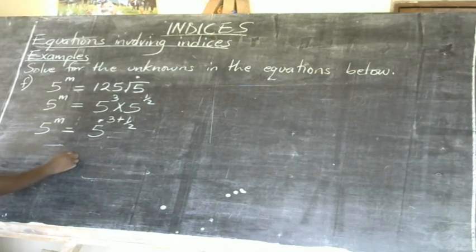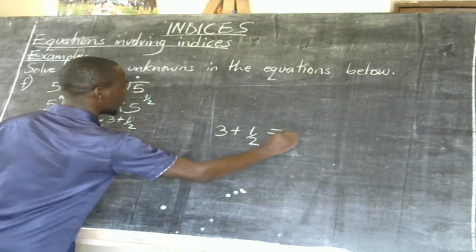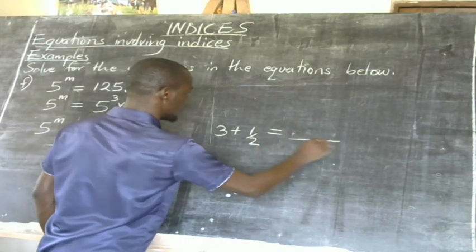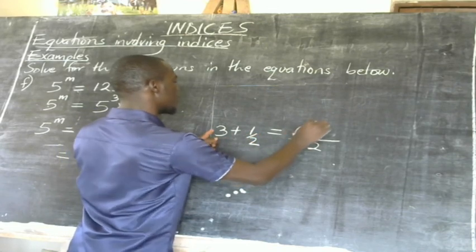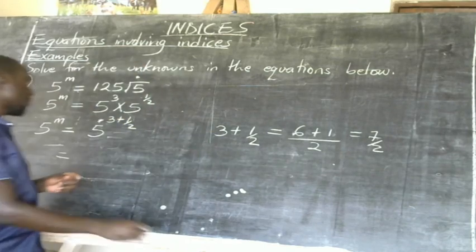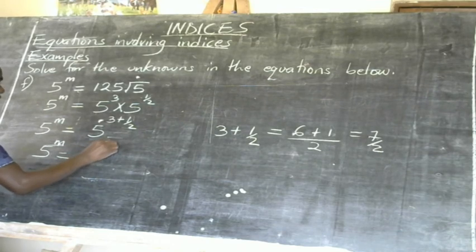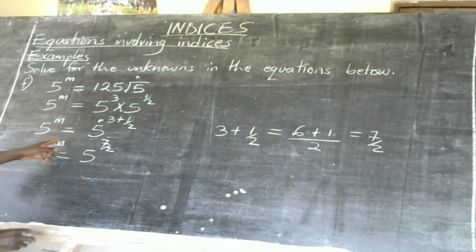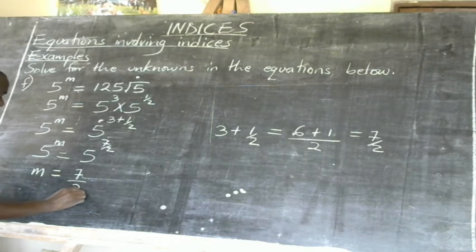So when you add these powers, 3 plus a half, LCM is a 2, then times 2 there, so that is 6 plus 1 to have 7 all over a 2 there. So this is 5 power m is equal to 5 power 7 all over 2. Then we equate the powers and we get the value of m as 7 all over a 2.